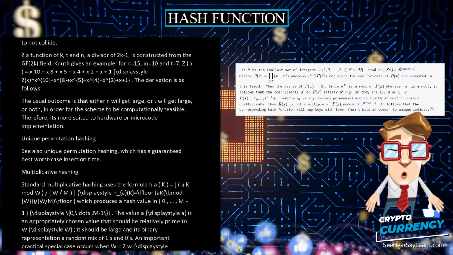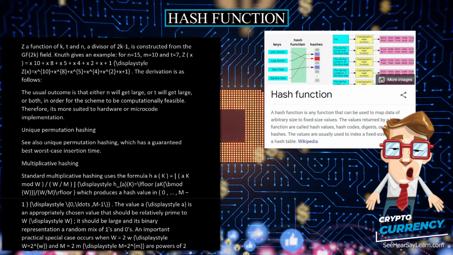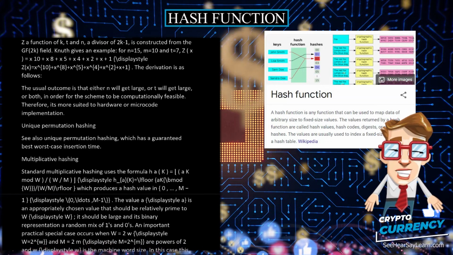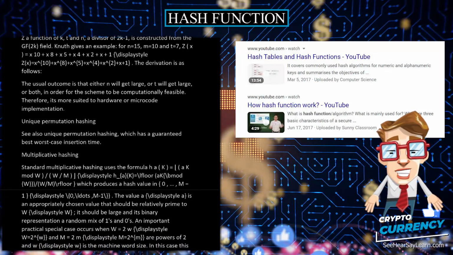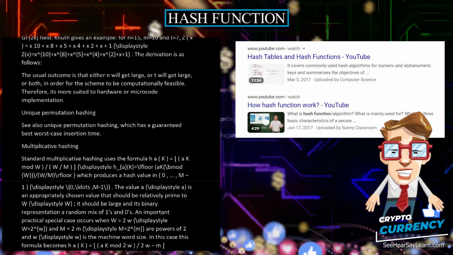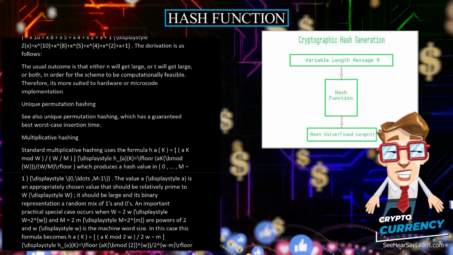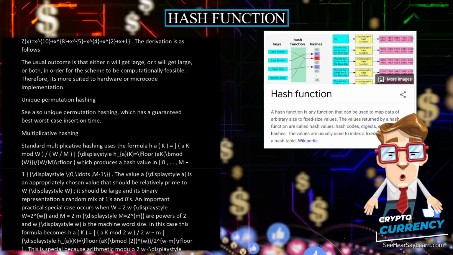The value a is an appropriately chosen value that should be relatively prime to W. It should be large and its binary representation a random mix of 1s and 0s.